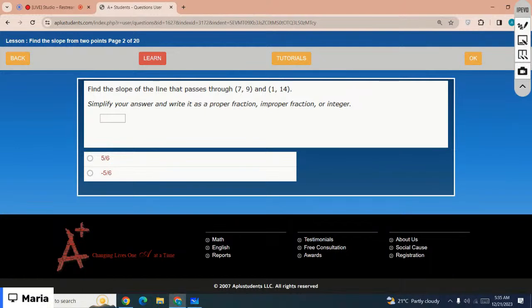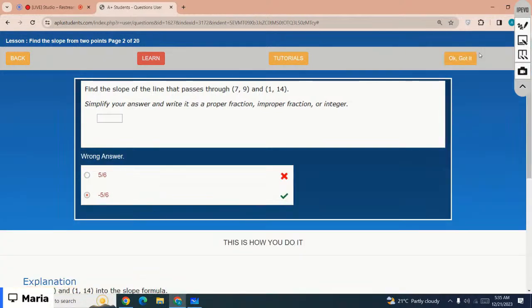Yes, the correct option is option number 1, that is negative 5 over 6. Very good. Sorry, the correct option is negative 5 over 6.